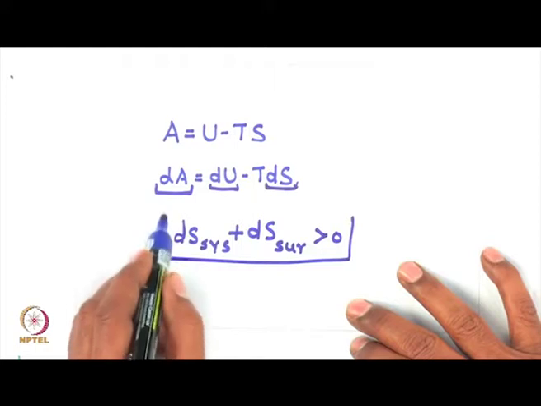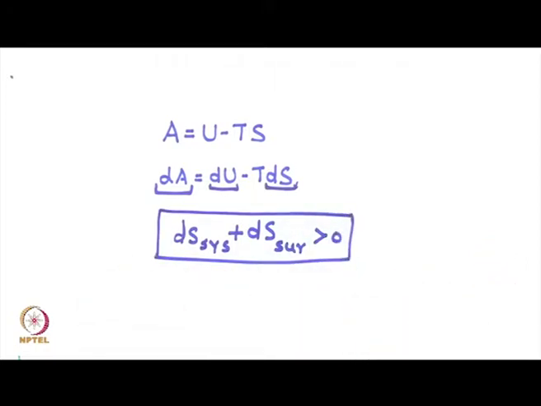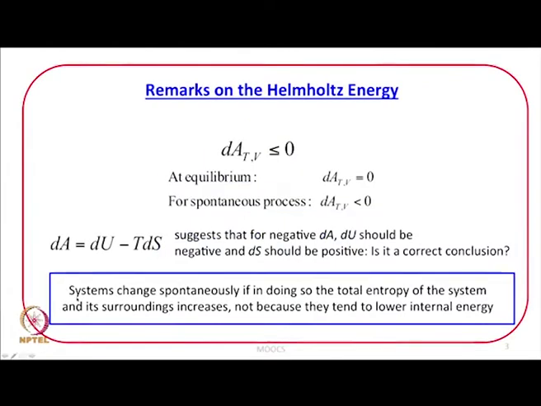Second law is obeyed, and at the same time the first law is also obeyed. That is why we comment that systems change spontaneously if in doing so the total entropy of the system and surroundings increases, not because they tend to lower internal energy.